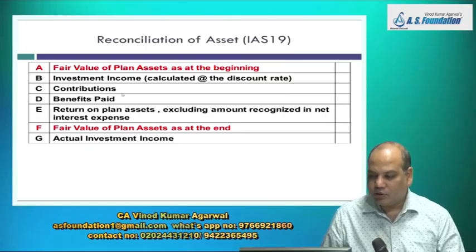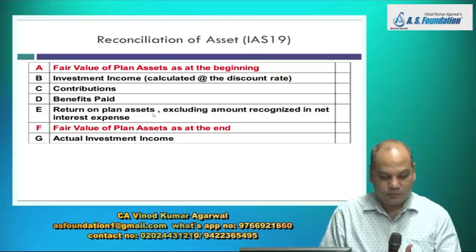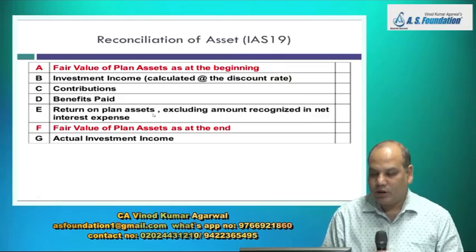Then you will write add contributions. Then write less benefits paid. And then write return on plan assets, excluding amount recognized in net interest expense.